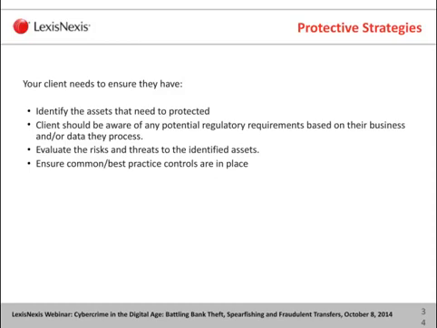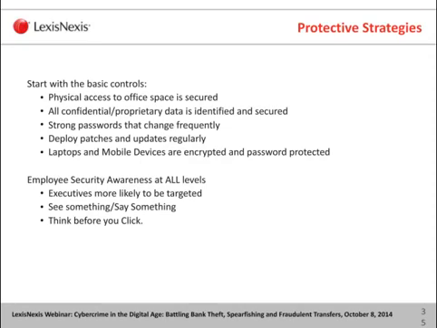Different industries tend to have information sharing forums as far as how your competitors or customers are doing with respect to protecting some of their assets. So you just need to do some basic stuff: identify what you want to protect, and then determine how best to protect it based on the threats and risks around it.